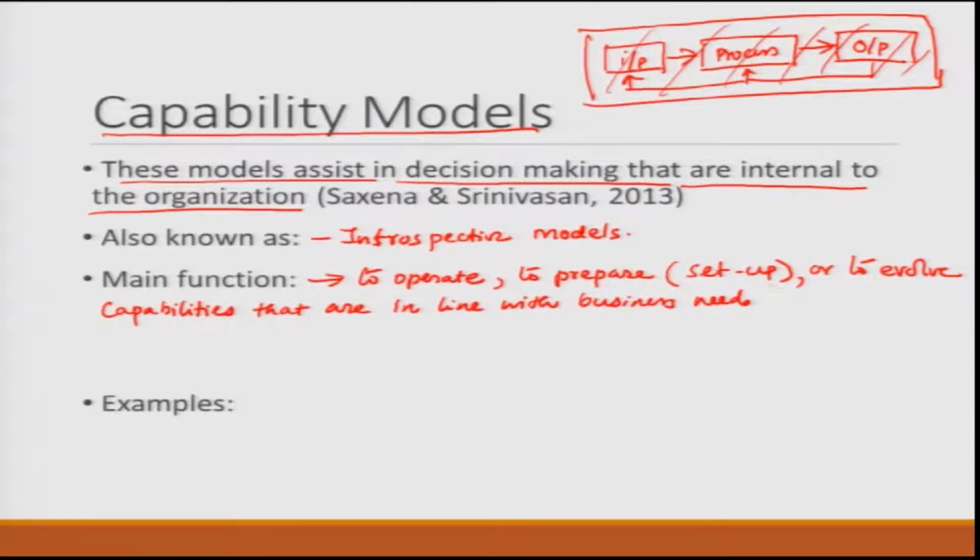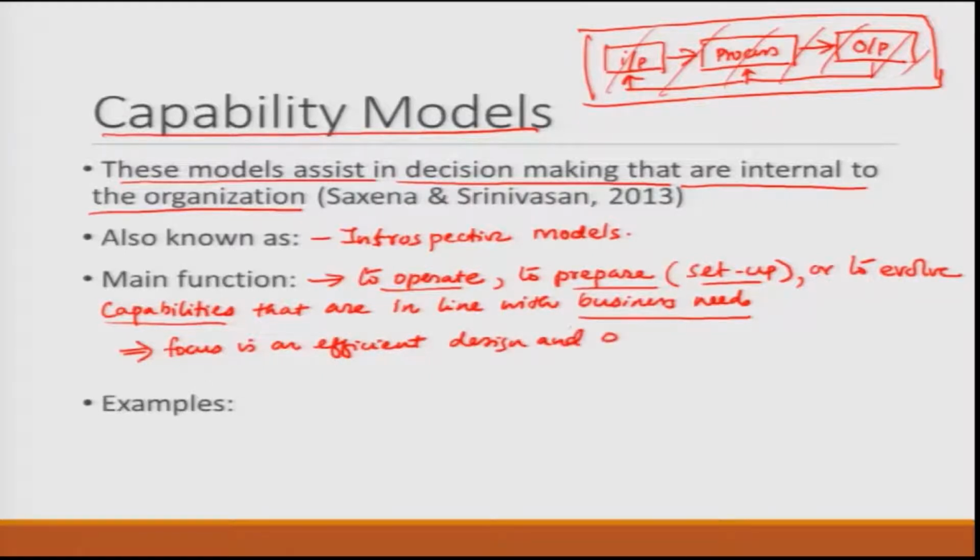Whatever the business needs are, your aim is to build capabilities, to evolve capabilities, to operate capabilities, or to prepare or set up capabilities. So the business needs are, in a way, the focus point. The focus is on efficient design and operation.